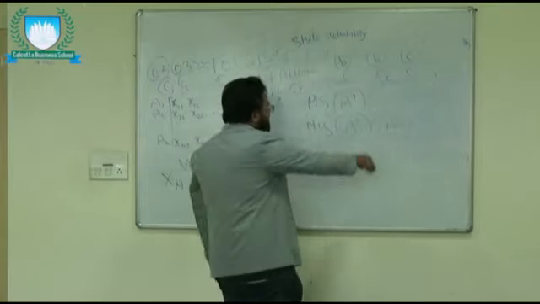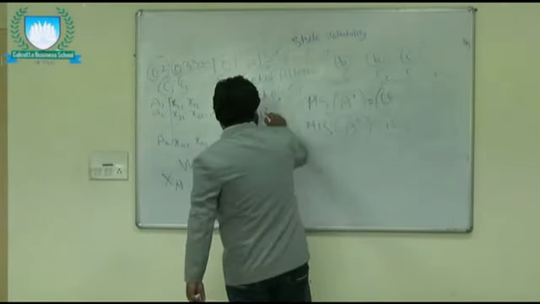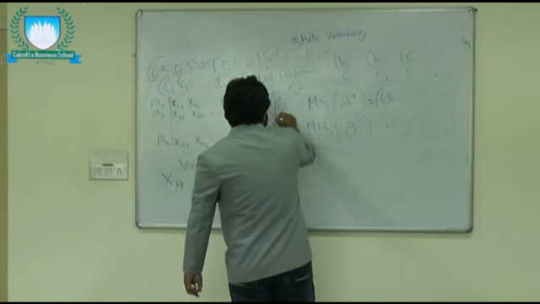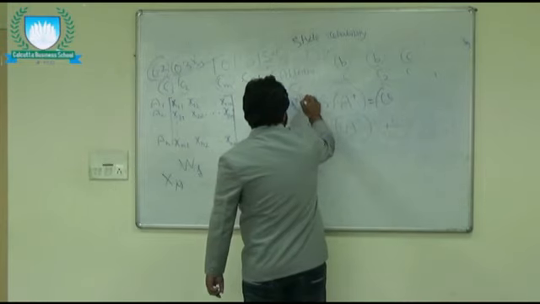Now we had written something like Vij equals Wj multiplied by Rij.